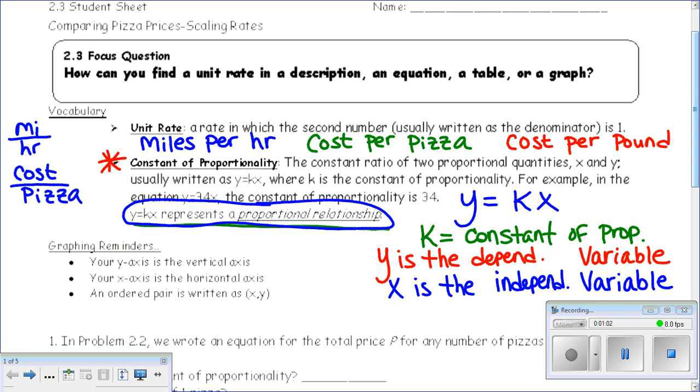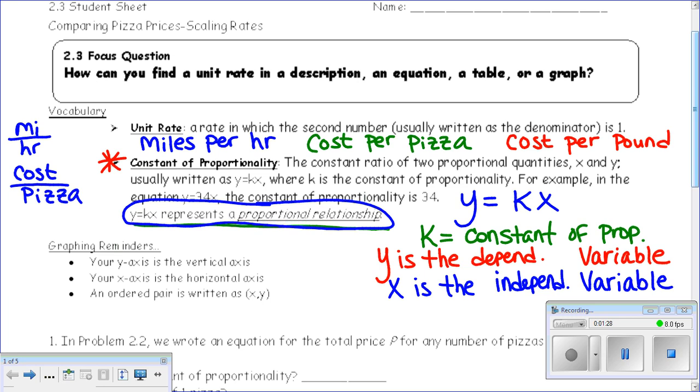It'd be written like this. Our constant of proportionality, the constant ratio of two proportional quantities, x and y, is usually written as y equals kx, where k is the constant. For example, in the equation y equals 34x, the constant of proportionality is 34.